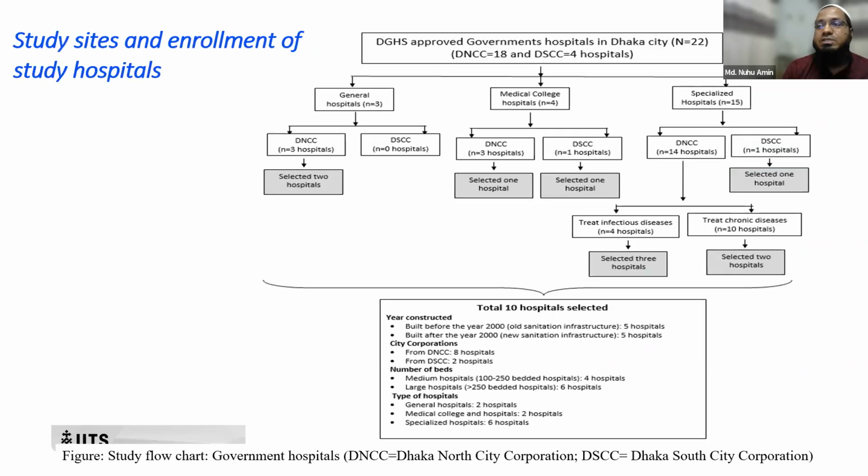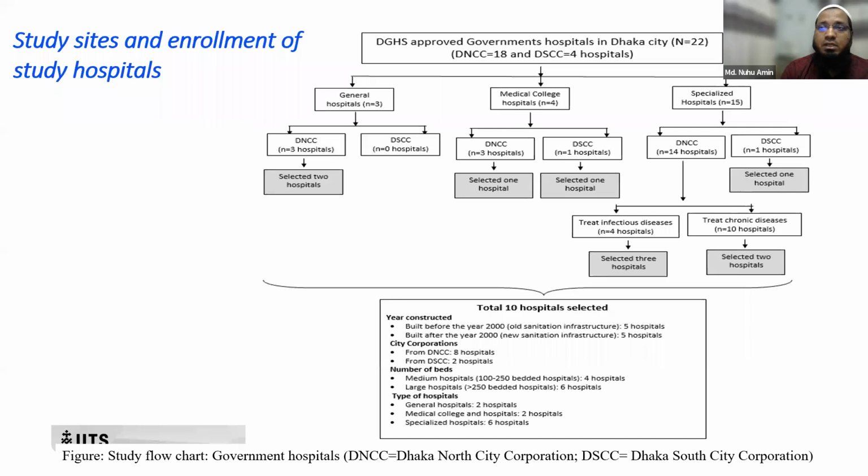Now, the selection of the hospitals. Among the DGHS approved hospitals, Director General Health Services approved hospitals, there are 22 hospitals, with 3 categories: general hospital, medical college, and specialized hospital.